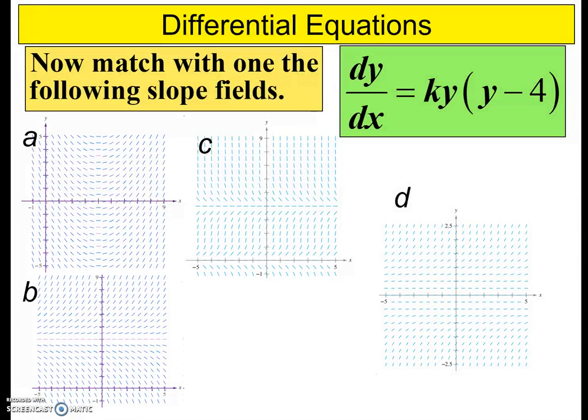And I'm going to go ahead and figure out which slope field it has to be. So we're multiplying to, it's basically an x squared, but it's y. It's a little confusing.